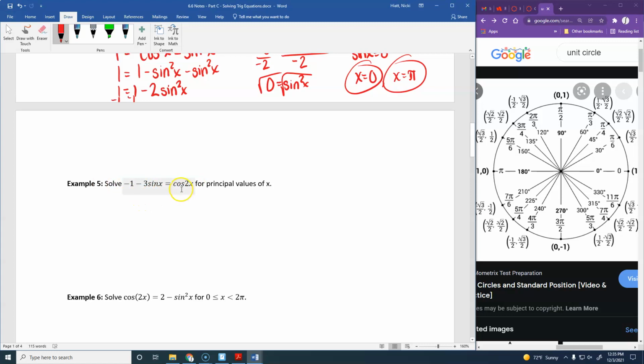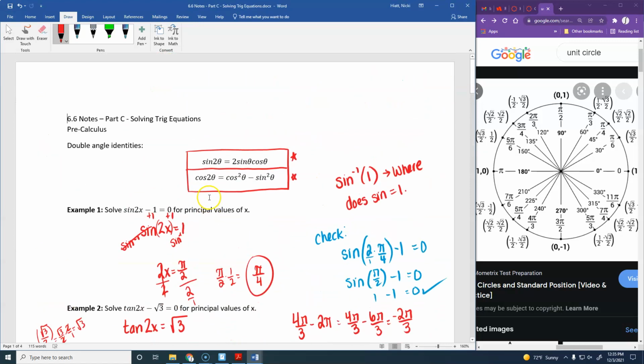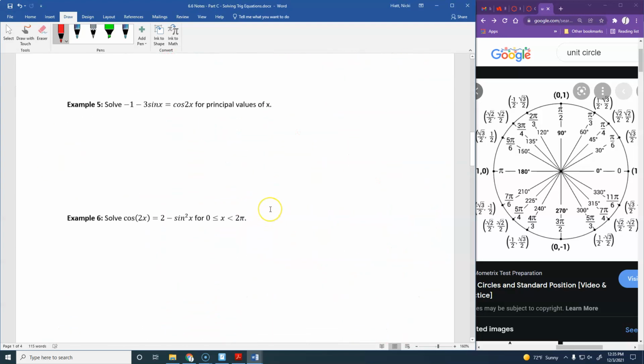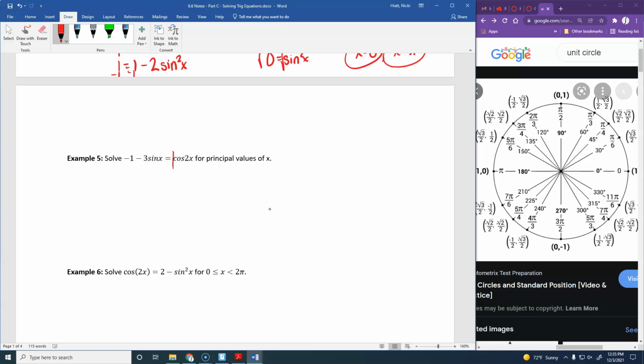So in this case, we're going to have to use the identity for cosine of 2 theta, which is cosine squared theta minus sine squared theta. So we can take this right here and replace it with cosine squared theta minus sine squared theta.